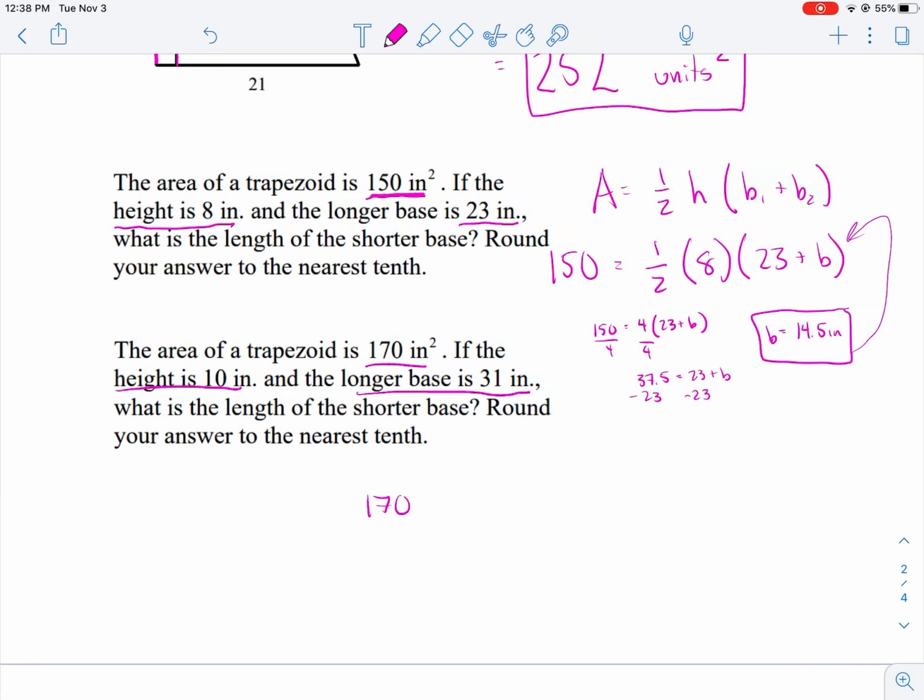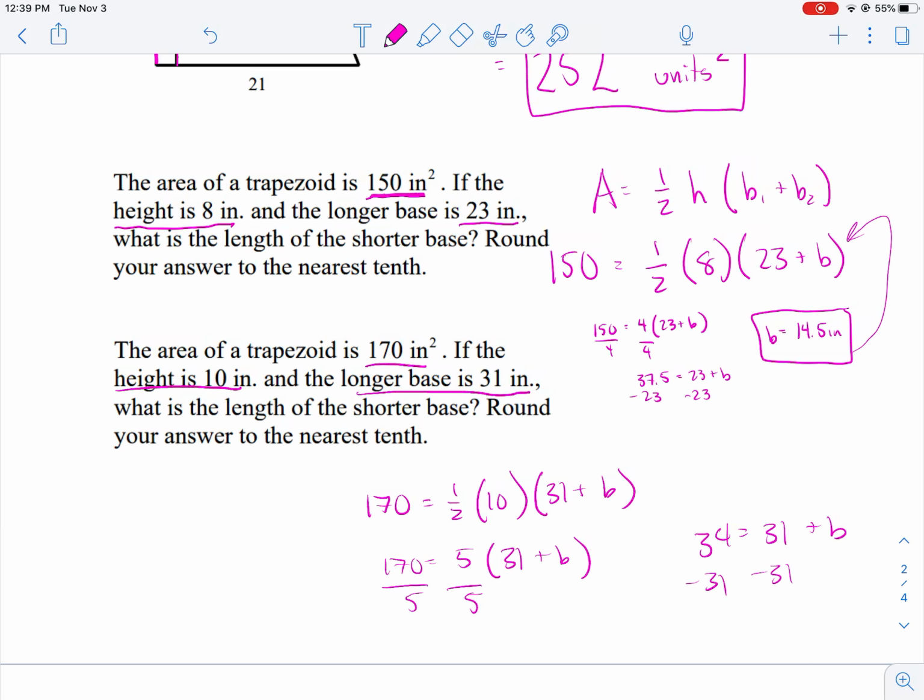So I set this up just like this. 170 is equal to 1/2 times 10 times 31 plus B. 10 times 1/2 is 5, 5 times 31 plus B. Divide by 5. 170 is definitely divisible by 5. So you get 34 is equal to 31 plus B. Subtract 31, and I get 3 is equal to B.